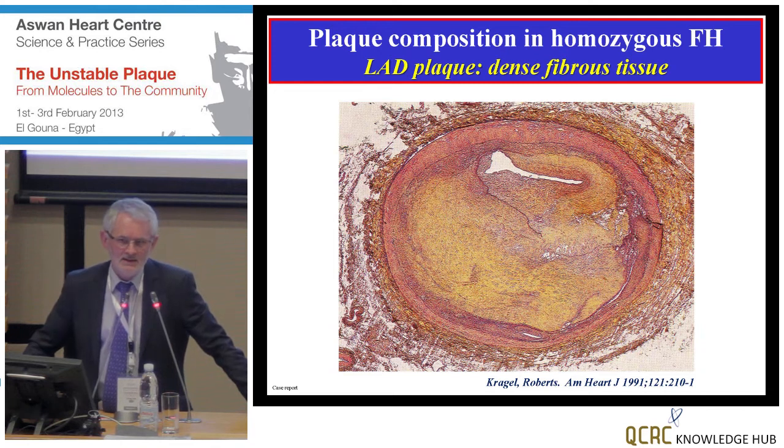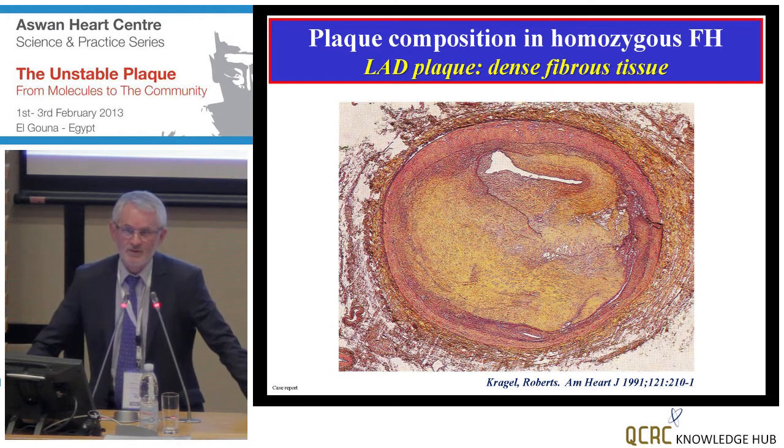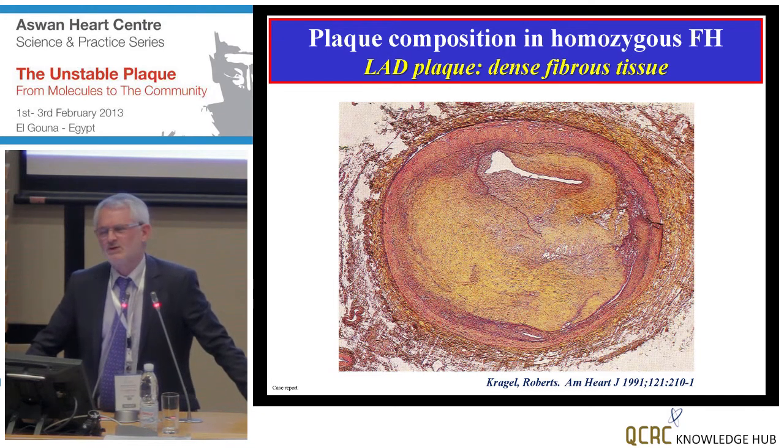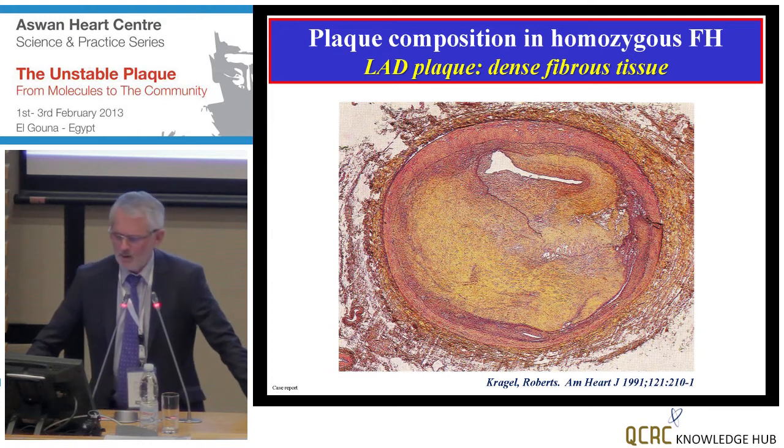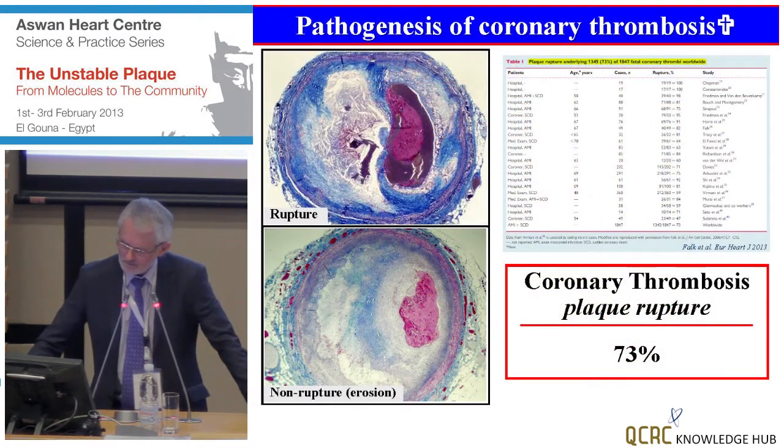There is no clear relationship between smoking and the mechanism of coronary thrombosis. We know that smoking promotes thrombosis, but it's not associated with any particular type of plaque composition.